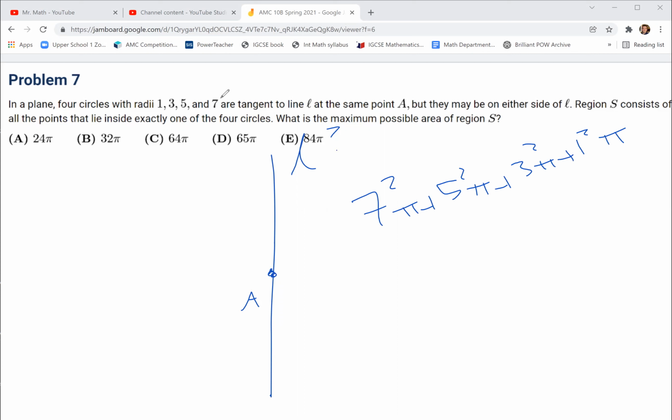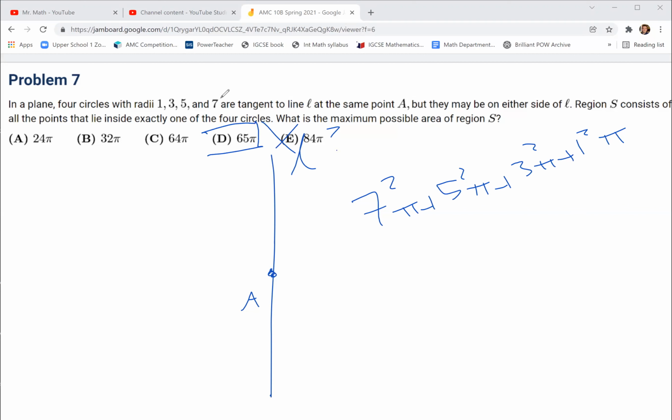There's no way you could have the areas of all of the circles added together, right? 49 and 25 is what? 74. 74 plus 9 is 83, plus 1 is 84. So 84 is not possible, right?